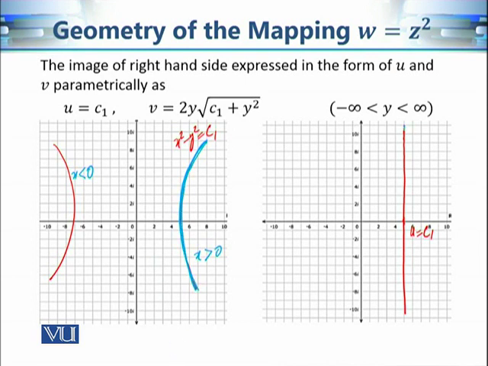This blue portion is mapped onto this line, and we can see that if y is negative then v is negative, so we are on the negative side, and when y increases to positive values, then v again becomes positive. In other words, if we travel on this portion of the hyperbola from bottom to top, then we will be traveling from bottom to top on this vertical line.